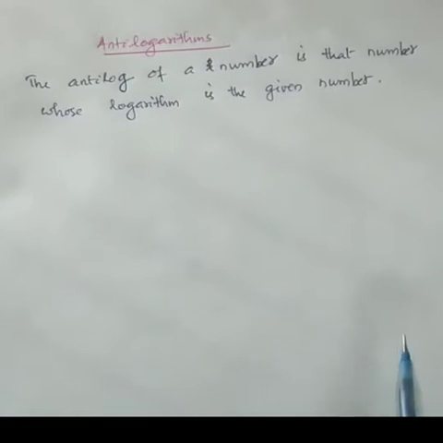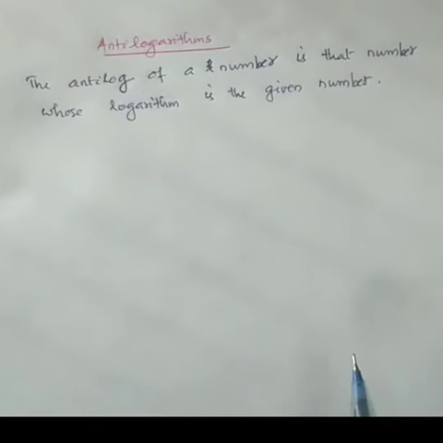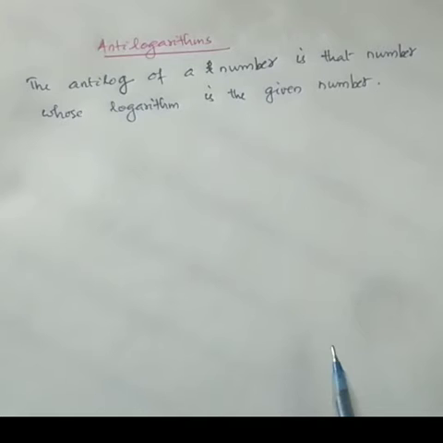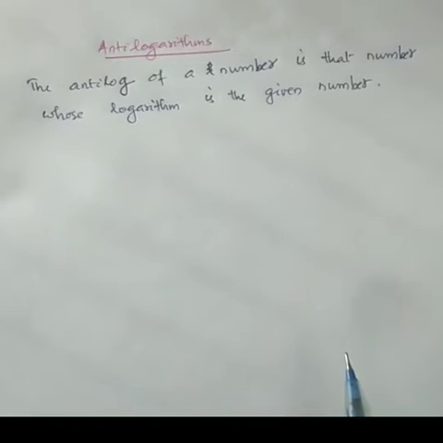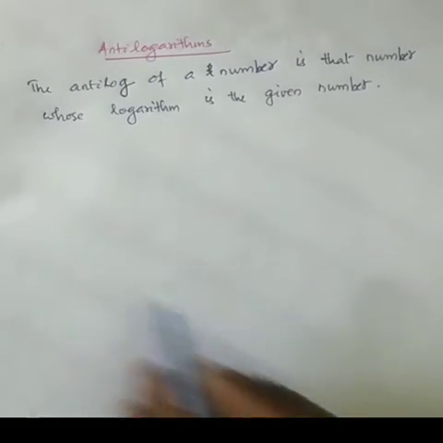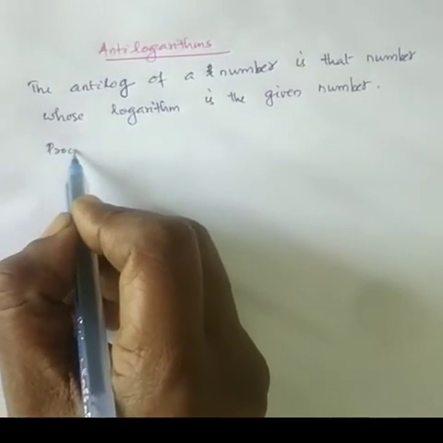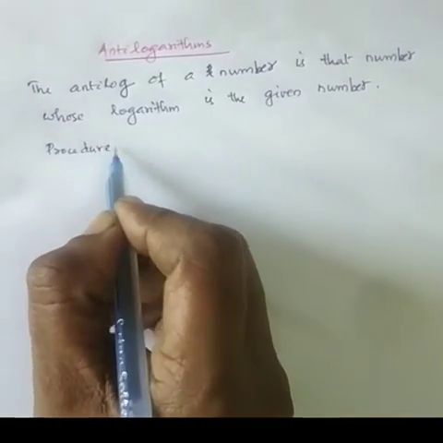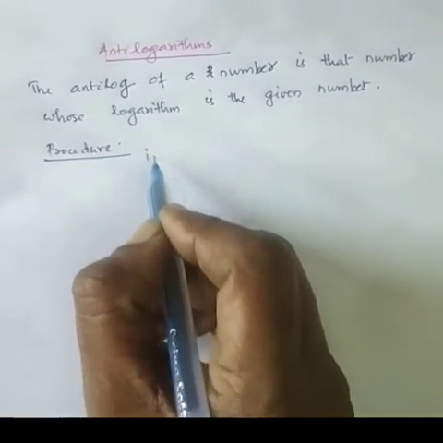Antilogarithms. The antilog of a number is that number whose logarithm is the given number. Now to find the antilog of a given number, we start with the figures after the decimal point, or mantissa part, in the antilog table. See the procedure to find the antilogarithm. First step.